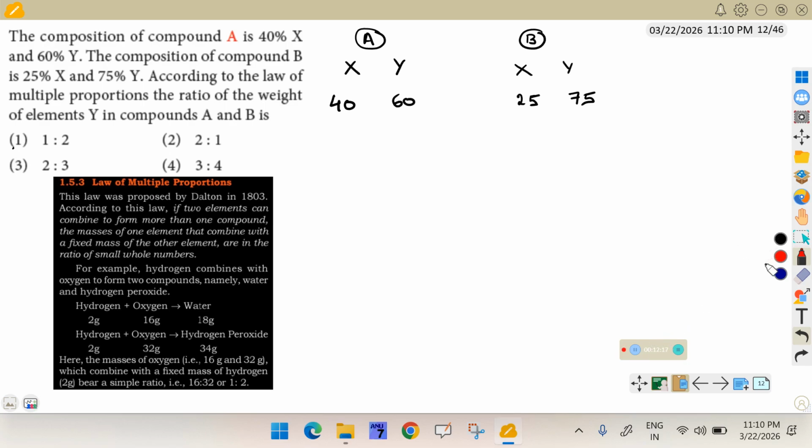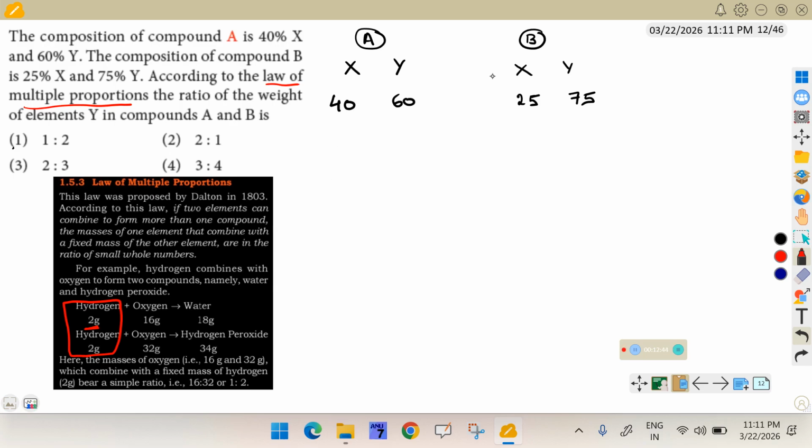The composition of compound A is 40% X and 60% Y. The composition of compound B is 25% X and 75% Y. According to the law of multiple proportions, one of the atom weights must be fixed.